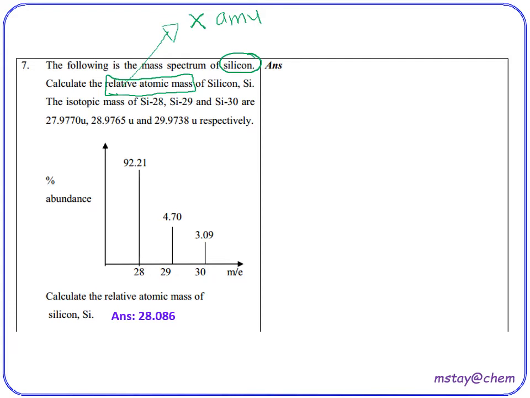The isotopic masses are 27.977, 28.97, 29.9738 respectively. If you notice in this question, we have the mass with 4 decimal places, and we also have the mass which is already rounded off in the mass spectrum.